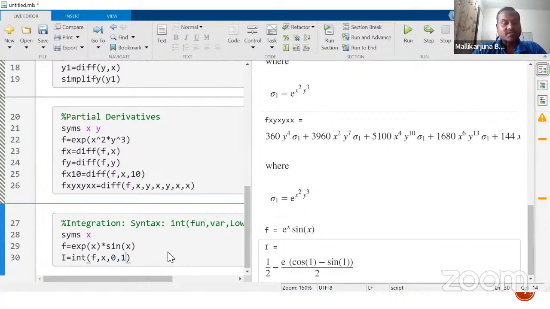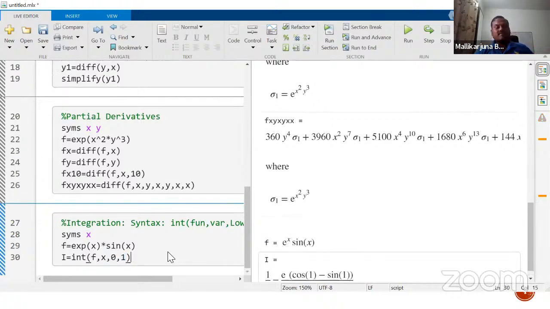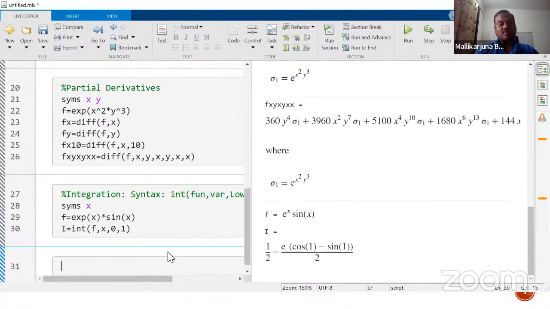Suppose you don't have limits, then don't type the limits, and directly it will give the integral of the function like that. Like that, you take any function and do it, or you can try any multiple integrals also.